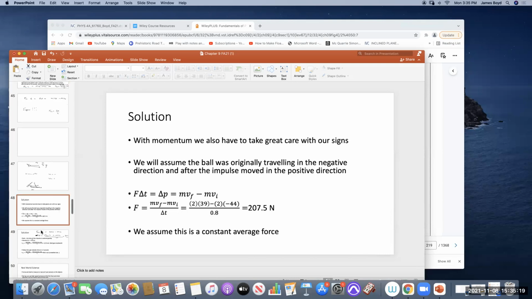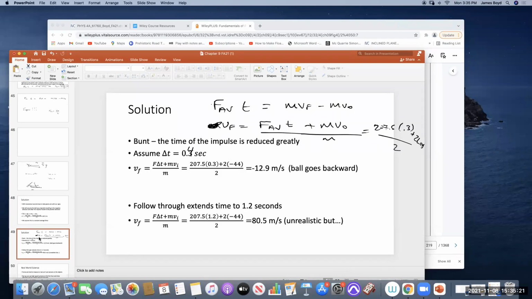All right. So for those of you who have ever played golf, maybe in, I don't know if they tell you to do this in soccer. I know they tell you this in baseball. They'll tell you to follow through. So in golf, they want you to follow through. Don't shorten up your swing. The reason for that is you want as long of a time of force being applied.